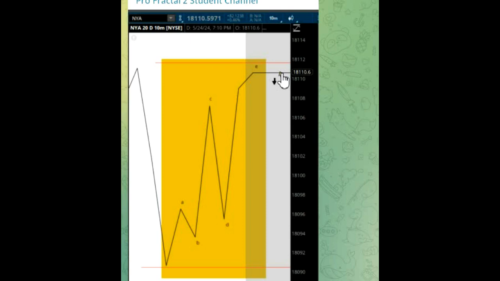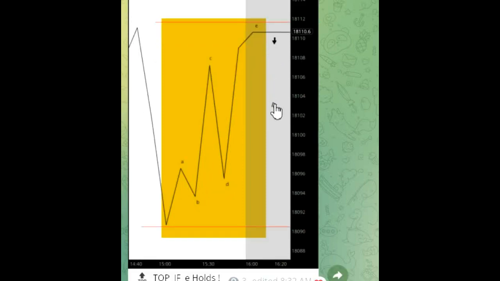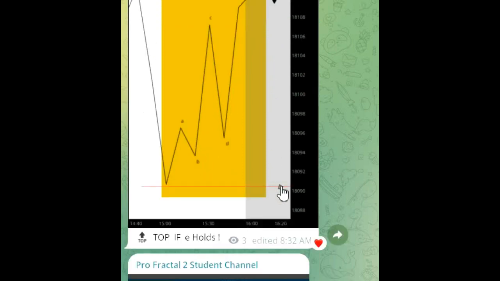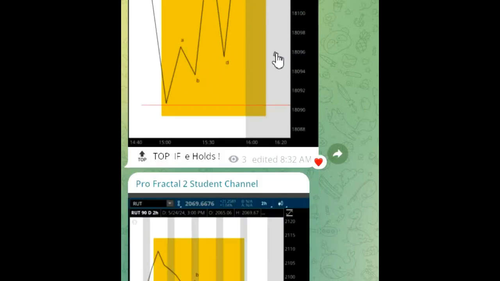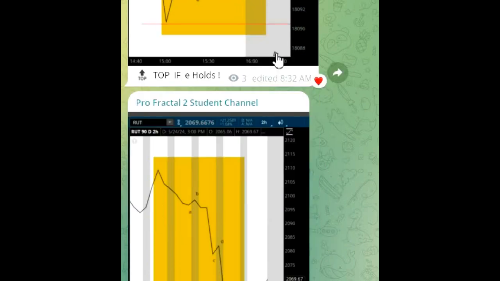Hesitating here, that would be a good trade. Breaking here would definitely confirm a particular trend. So I'm viewing this as the top here. All you have to do is count, label it, and have a good direction for the market.